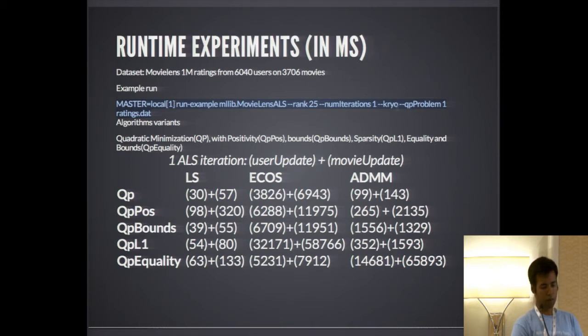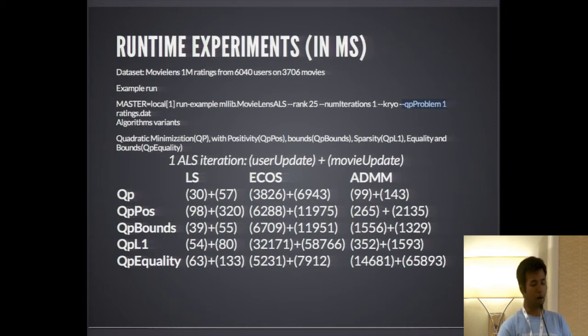So the way to specify what kind of QP problem you want to solve is just an option. We have right now 5 different versions of the problem that we can solve. These 5 versions are the basic quadratic minimization, which is least square. Then you can put positivity, so each factor should be larger than 0.